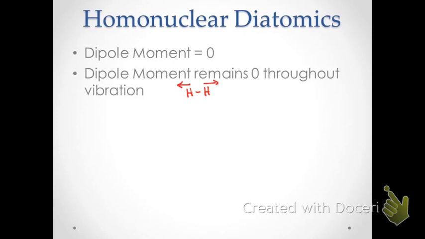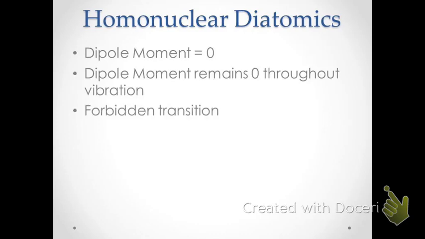You'll remember dipole moment is defined as the charge that's separated multiplied by the distance separating the charge. And even though the atoms are shifting, the overall process is one where the dipole moment is still 0 in this case. Think of it like a tug of war. Since the atoms are the same, it's always going to be equal to 0 during a stretching vibration.